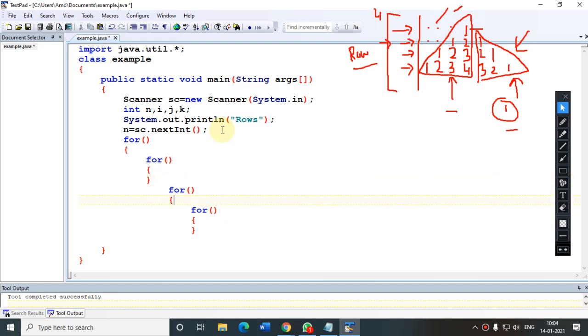This closing must be there only. These opening and closing braces are always optional, beta. Why? Because we are writing only a single statement after the for. This is the structure.